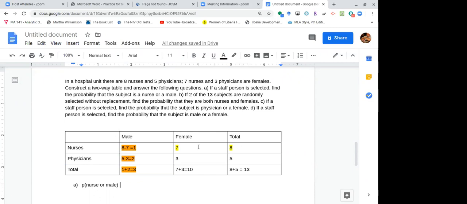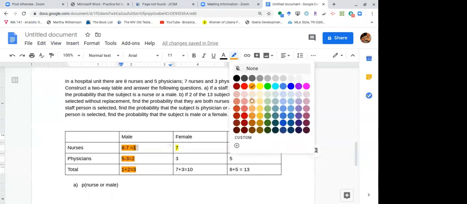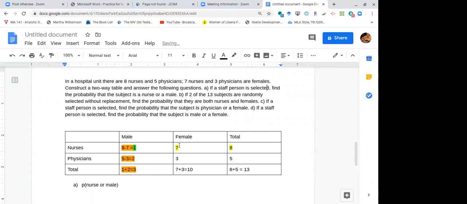The nurses and the male overlap by this one right here. And I'm gonna make him green. Can I make it green? Yeah. So you see that? Does that make sense? Yes.